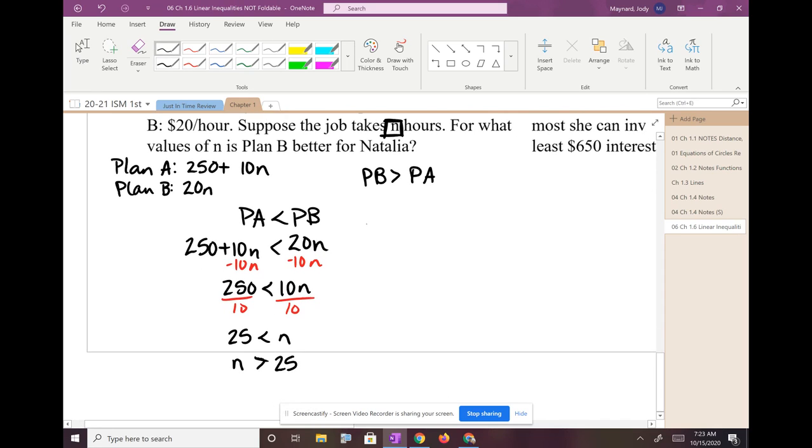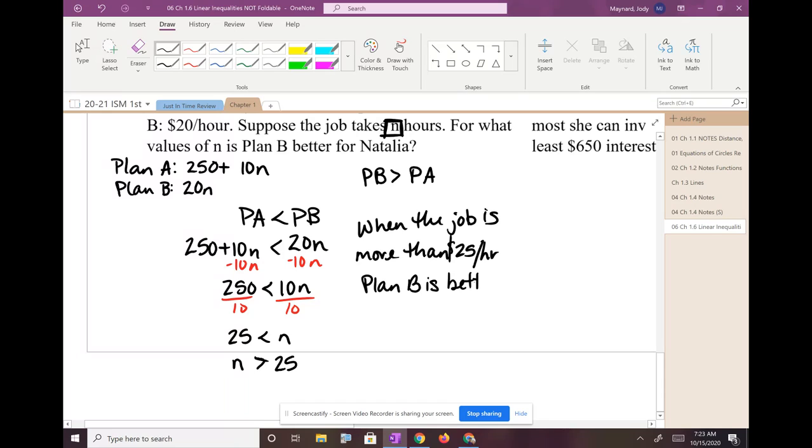So this tells us in words that when the job is more than 25 hours, that tells you that Plan B is better for Natalia. That's what that tells you.